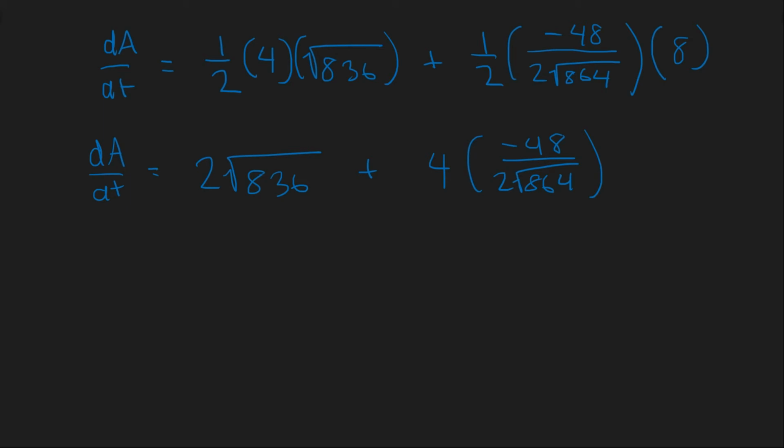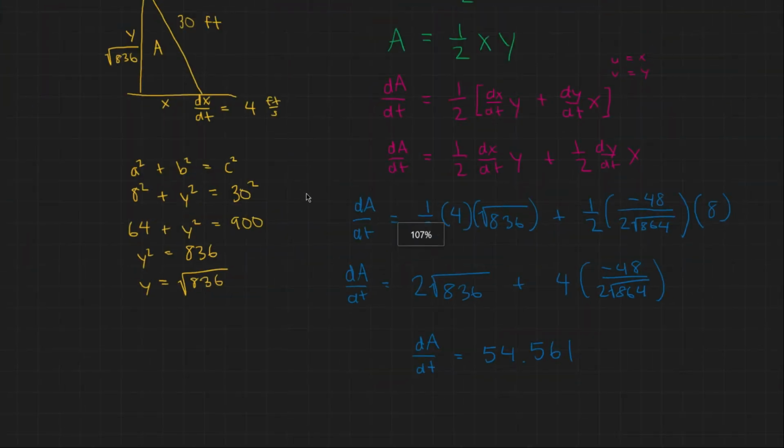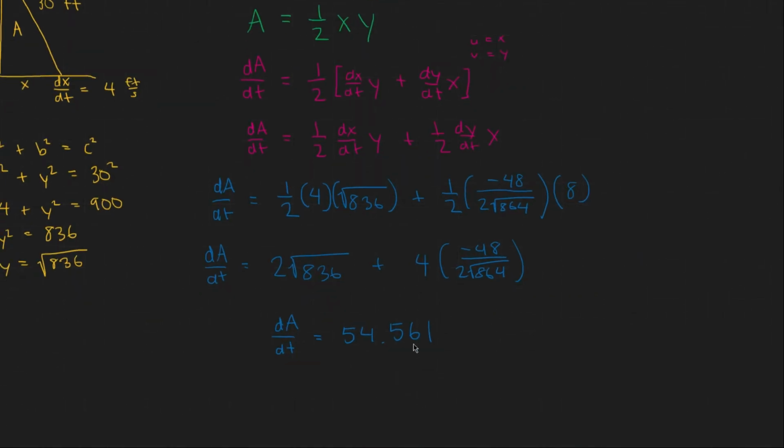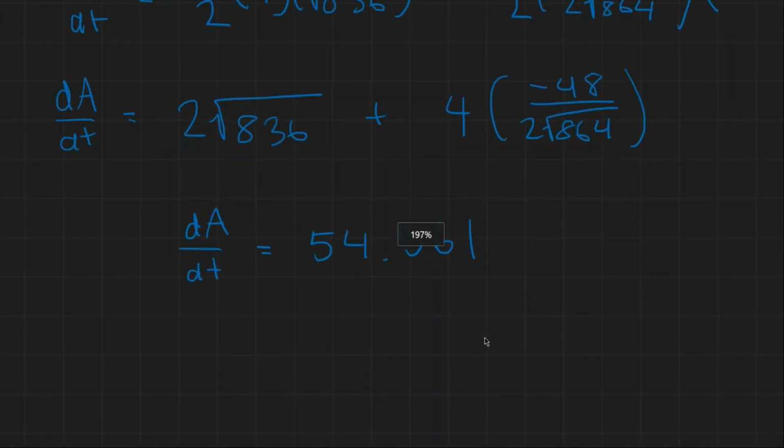If we do that, we get that dA over dt is going to equal 54.561. And if we take a look at our units, we are dealing with feet per second. So the rate at which the area changes is going to be feet squared per second.